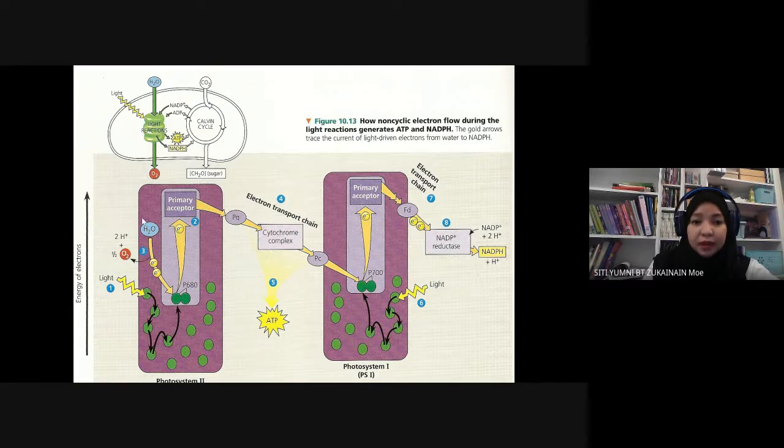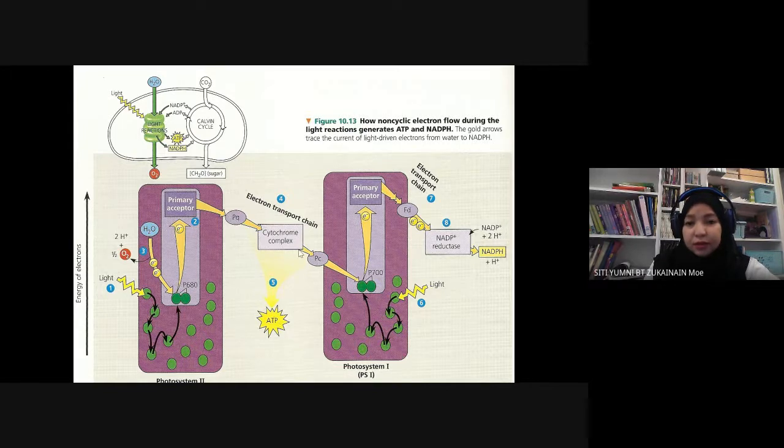With the help of water molecules split, electrons are contributed to fill up the hole in photosystem 2, so that the excited electron is taken up by the primary acceptor and transferred to plastoquinone until it reaches the cytochrome complex and releases the energy.